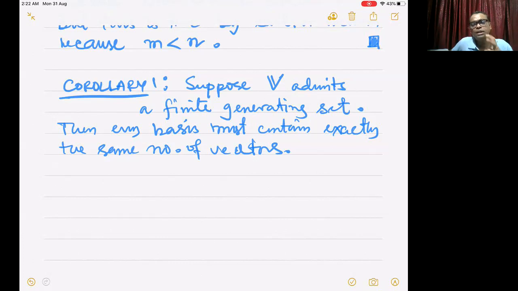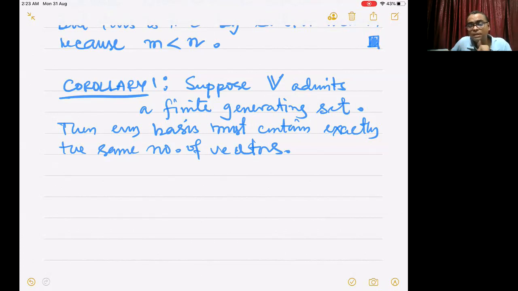Now suppose there is a finite basis, say we call that basis B1. B1 has say n1 number of elements. And suppose there is another basis B2. B2 has n2 number of elements. Because B1 is a basis, it's a generating set. So we have a generating set that contains n1 elements. On the other hand, B2 is also a basis, so it's linearly independent, right?